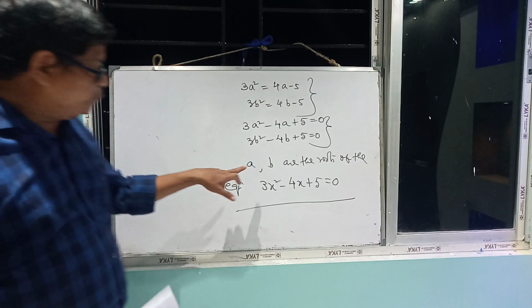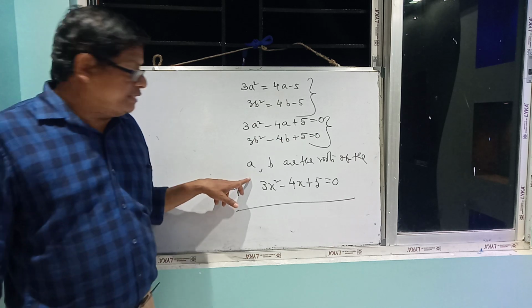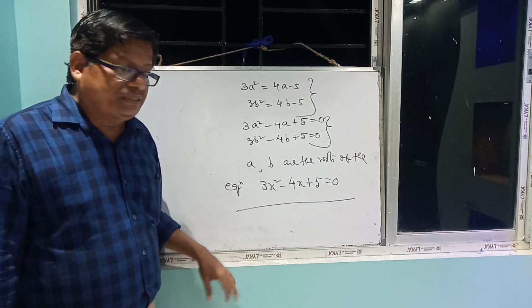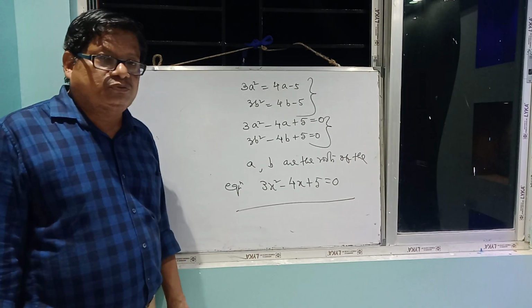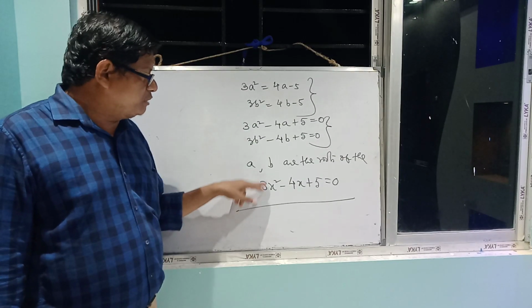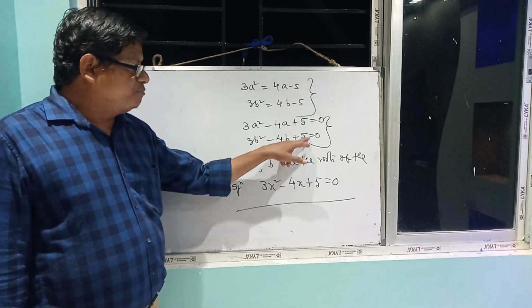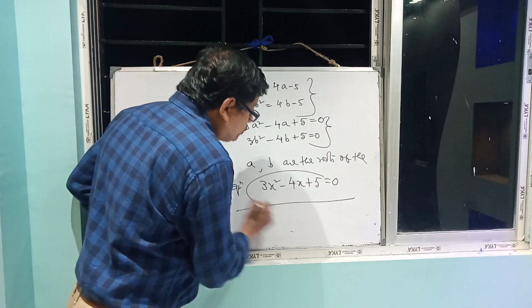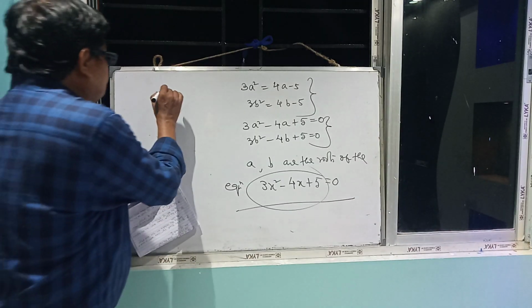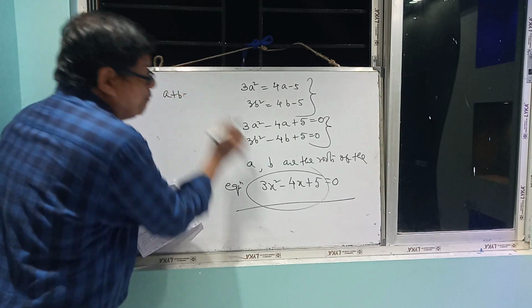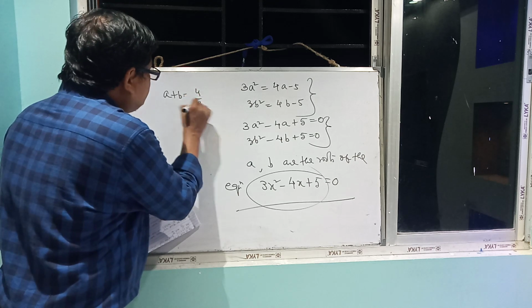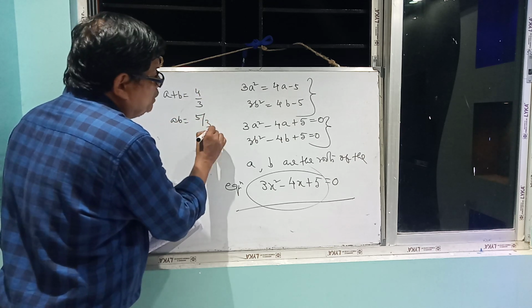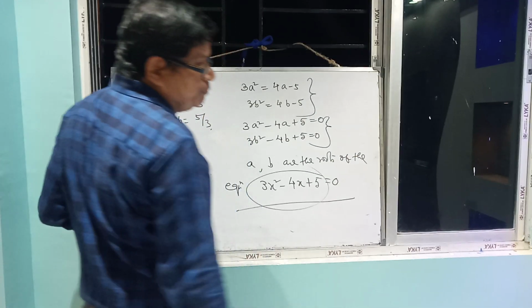Because if we put a here, 3a square minus 4a plus 5 equals 0. Similarly, 3b square minus 4b plus 5 equals 0. So a and b are the roots of this equation. So first find a plus b, minus b by a, that is 4 by 3, and ab is 5 by 3. Find the value of a square plus b square.